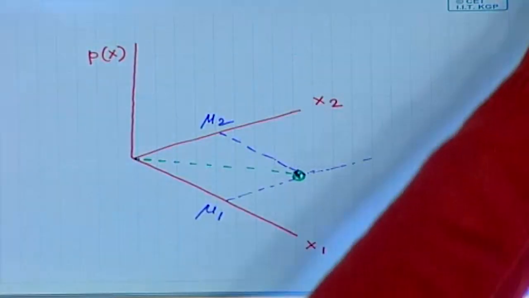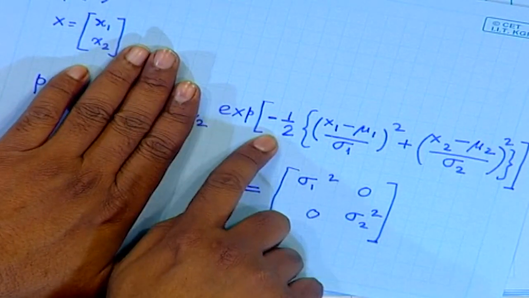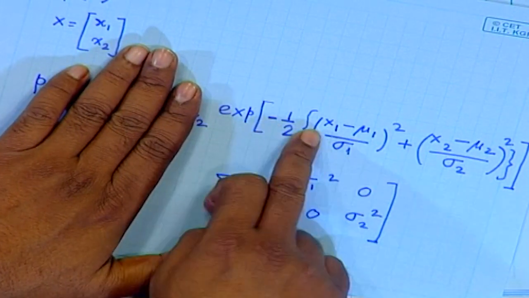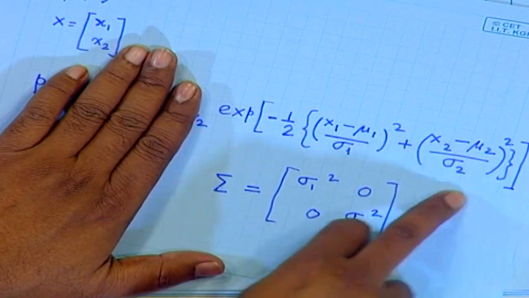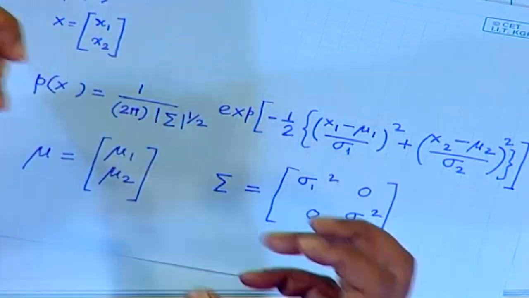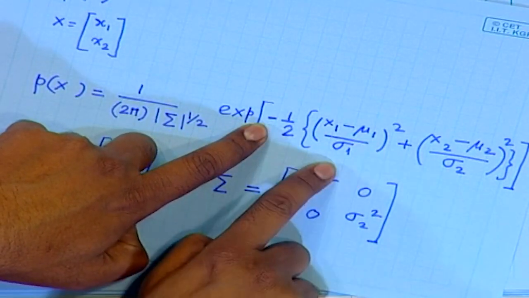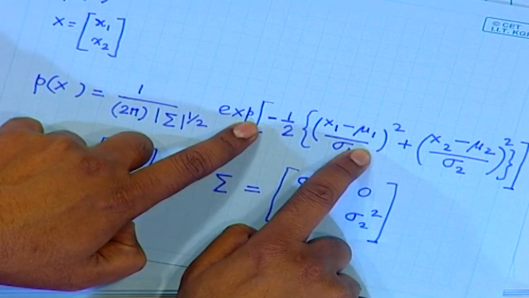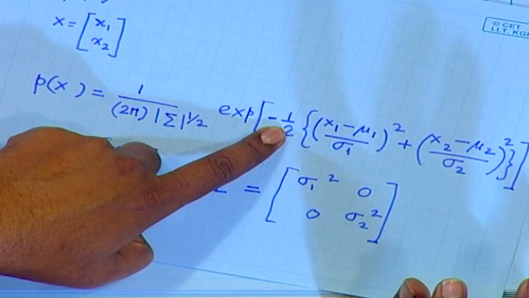Now find that if I break this expression, this term, exponential of minus half ((x1 minus mu1) by sigma1) squared plus ((x2 minus mu2) by sigma2) squared, is actually a product of two exponential terms: exponential minus half ((x1 minus mu1) by sigma1) squared into exponential minus half ((x2 minus mu2) by sigma2) squared.